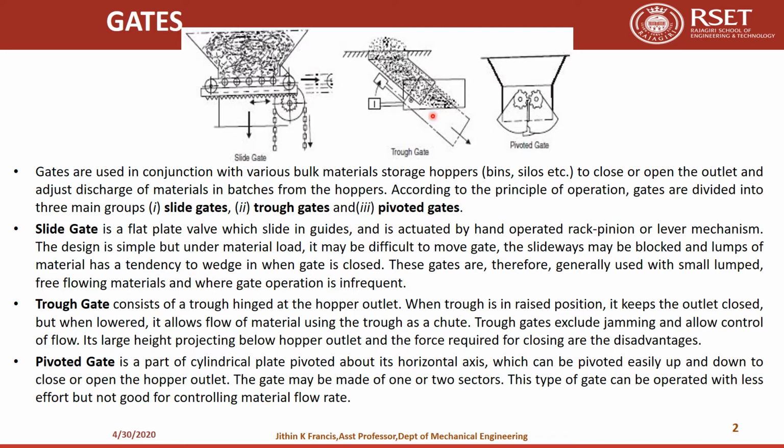It can be easily opened and closed, but the disadvantage is that it cannot give a good material flow rate. Gates mean there will be some kind of hindrance in the chute, and it can be slid, or in a trough the gate can be lowered or raised, or it can be pivoted. So based on the construction, the main three types are slide, trough and pivoted.